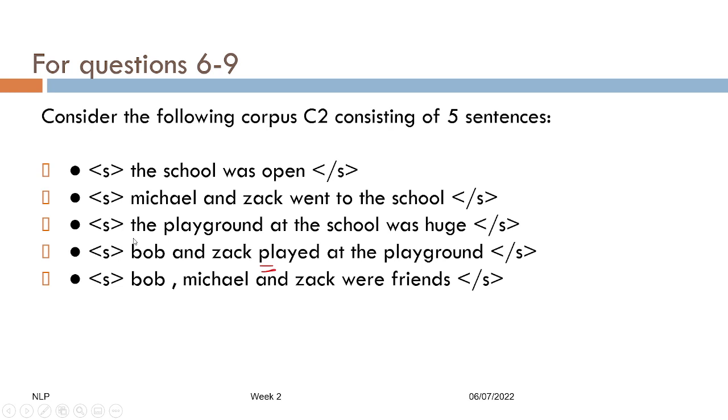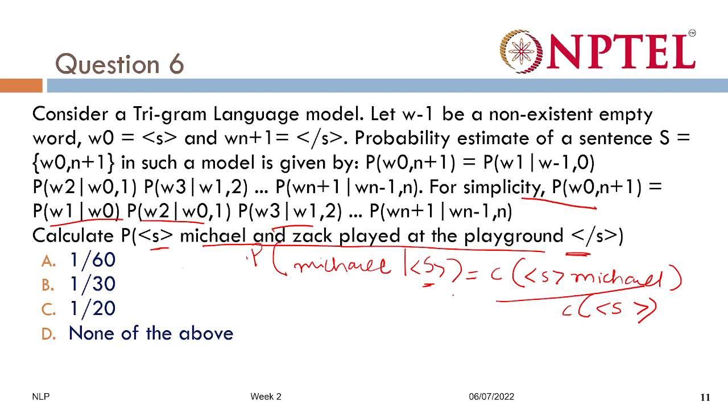One. Only one time, madam. And how many counts of start do we have in this entire corpus? 5. Great. So count of start and Michael is just 1 and count of start is 5. So your probability of Michael given start is 1 upon 5.